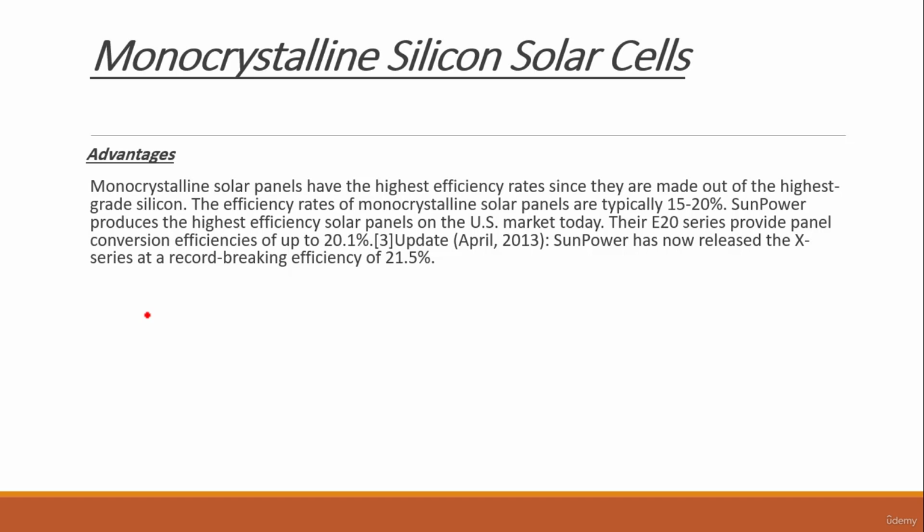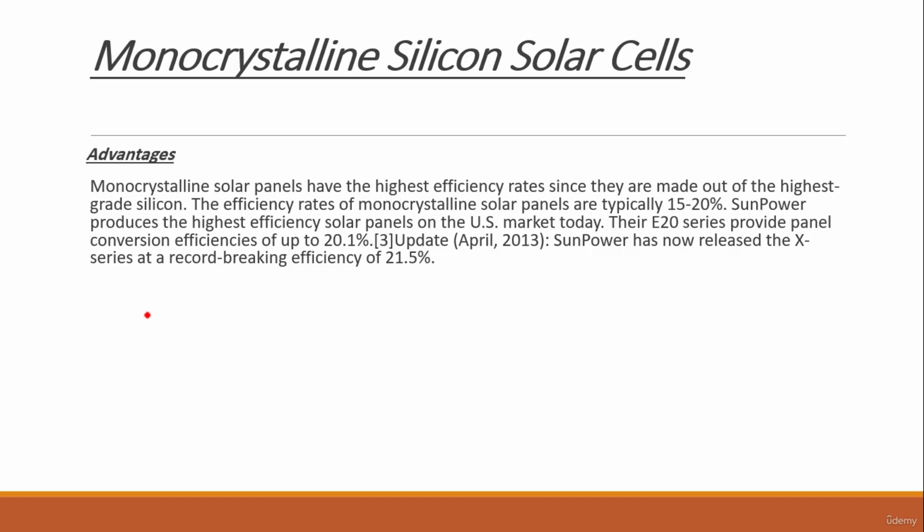SunPower manufacturer produces the highest efficiency solar panel in the US market today, their E20 series provides panel conversion efficiency up to 20.1%, according to a reference in 2013.